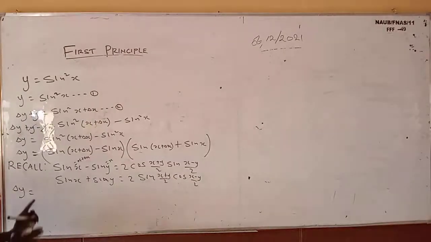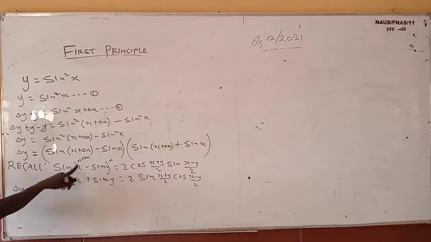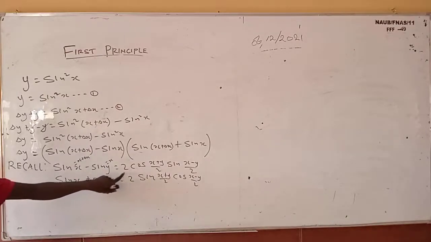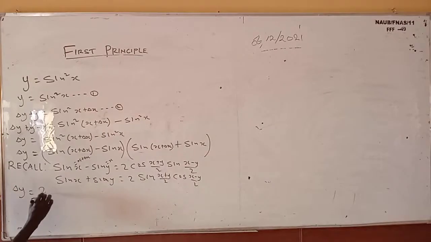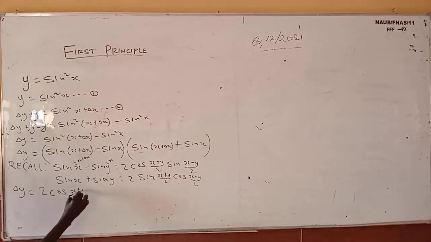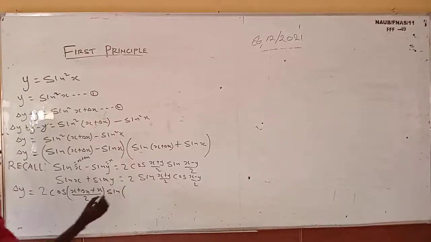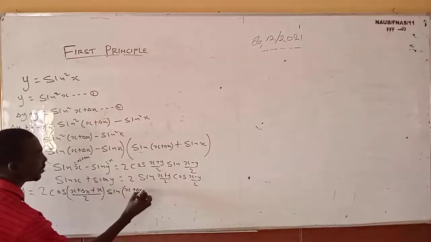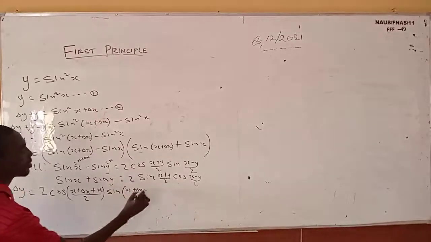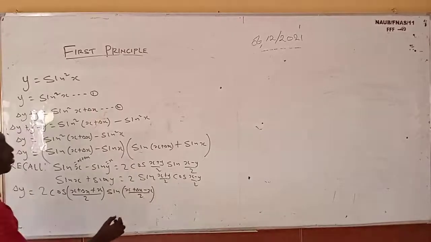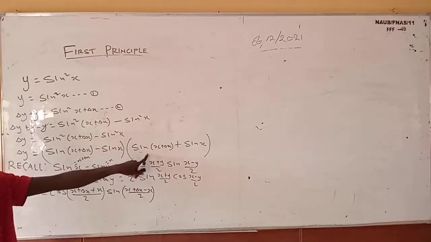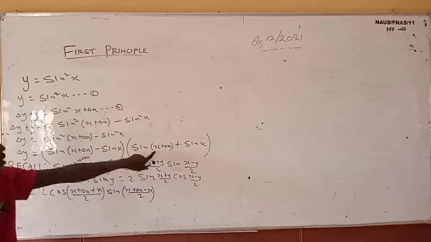So sin of (x plus change in x) minus sin x will be equal to 2 cos of (A plus B) over 2. What is my A? A is x plus change in x, plus B, where B is x, all over 2, times sin of (A minus B) over 2. A is still x plus change in x, minus B, where B is x, all over 2. Please don't forget there's another bracket here again. Just similarity. You compare this with this now.